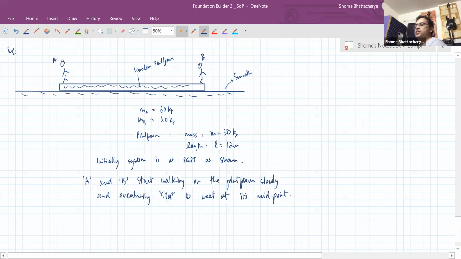During this displacement, we have to find out what is the displacement of the center of mass for A plus B plus the platform as a system, during this time.